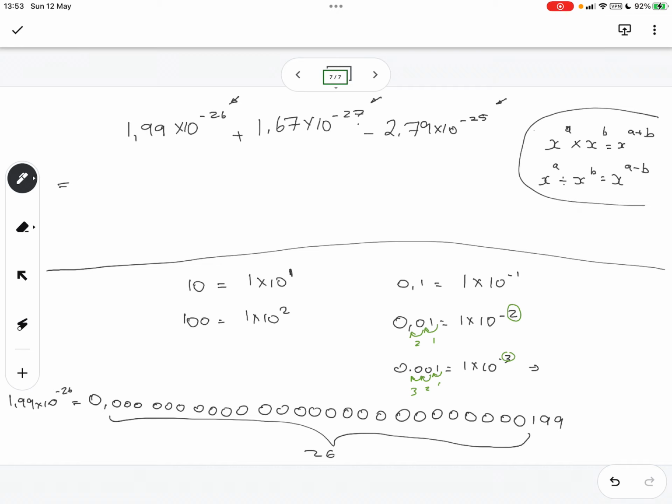In order for us to make this times 10 to the negative 25, the exponent will have plus 1 added to it. So there will be minus 26 plus 1, which gives you minus 25.